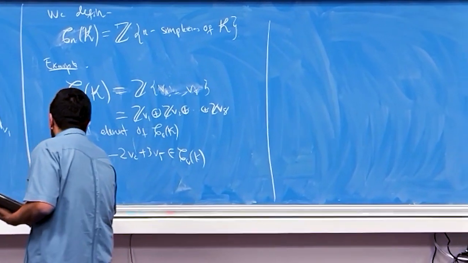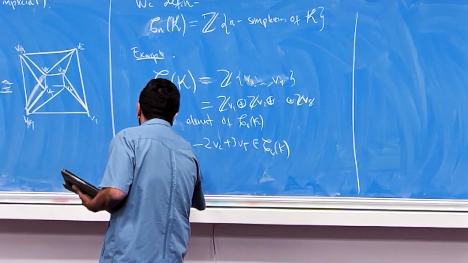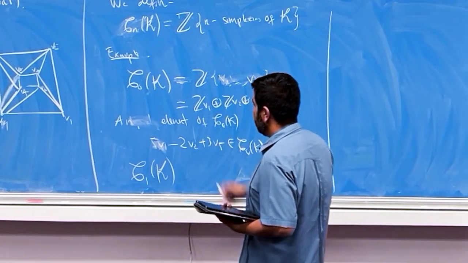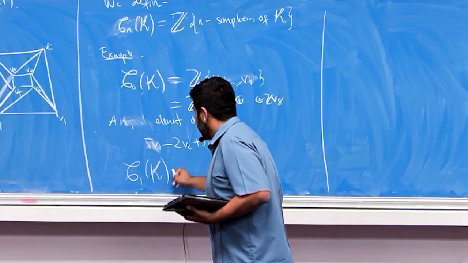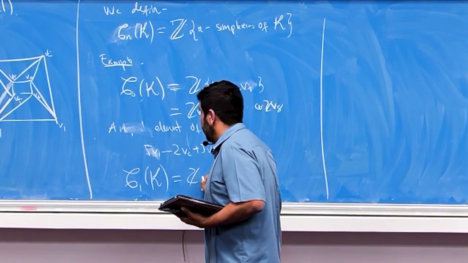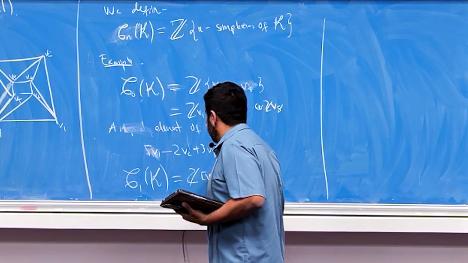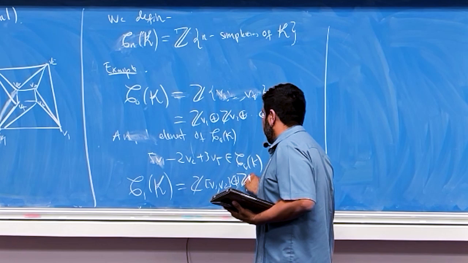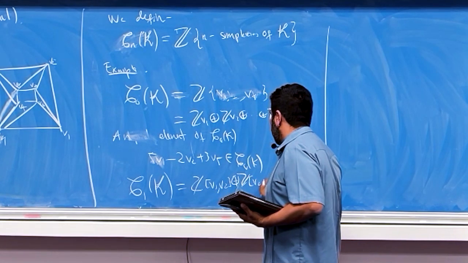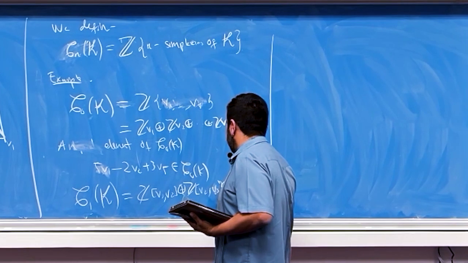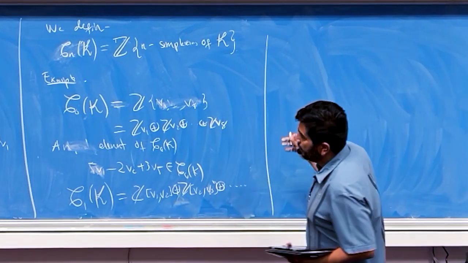So for this, we also need C1 of K. C1 of K, which is what? Which is basically the same, but now it's just formal sums of edges. So I have here C1 times the edge V1, V2, plus C2 times the edge V2, V3, and so on. How many edges?